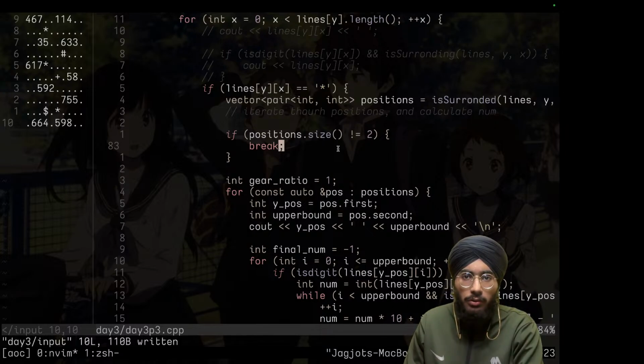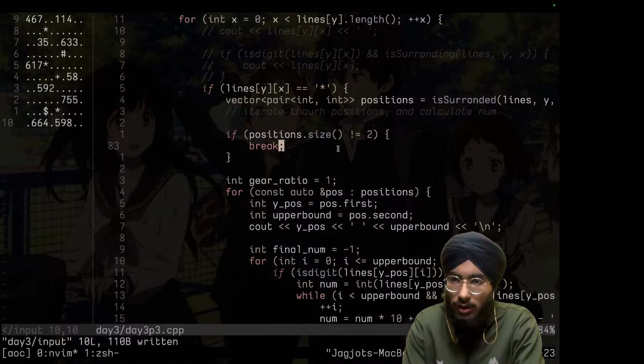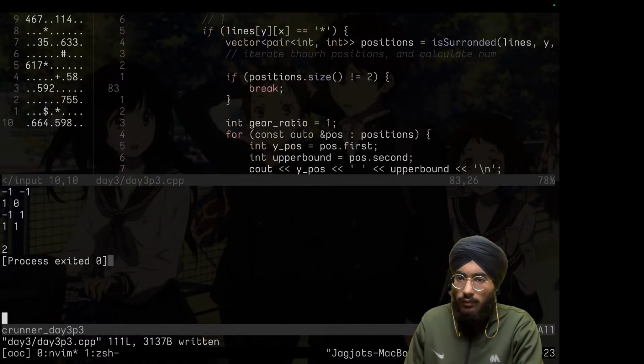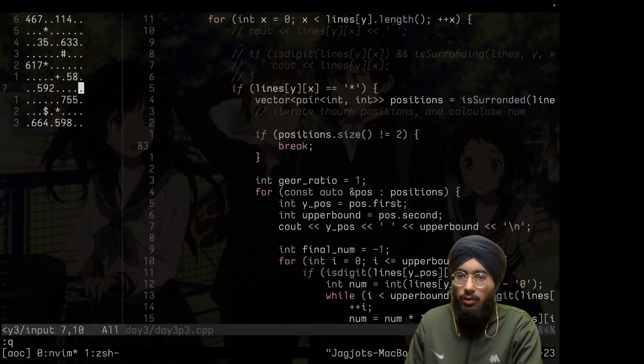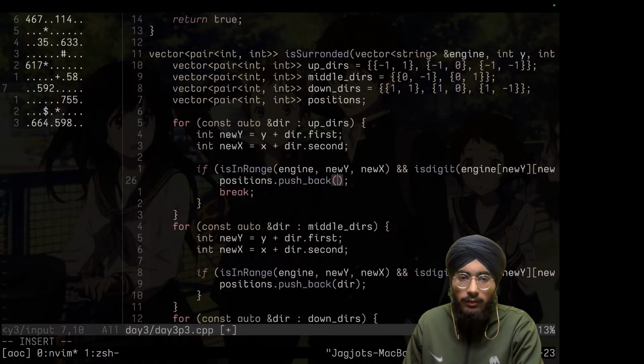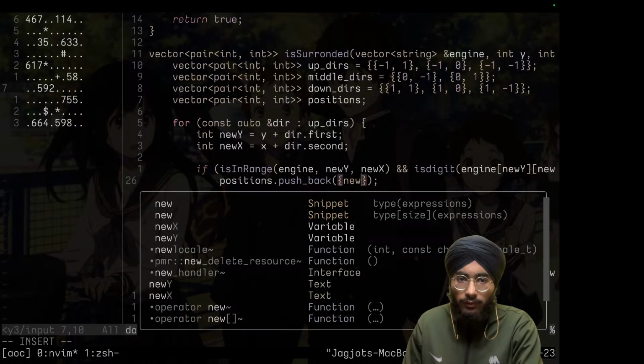If it is not equals to 2, then it is going to break and it's going to go to the next line. Okay. Oh, that's why. dir, new x, new y, new y, new x.